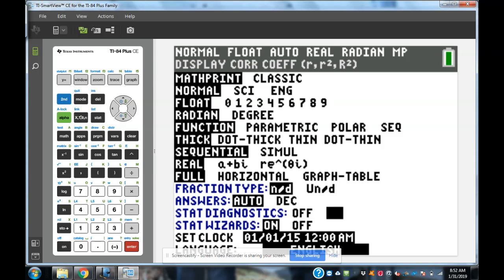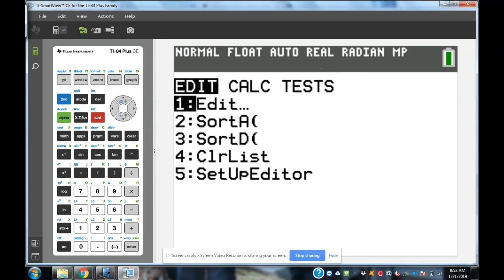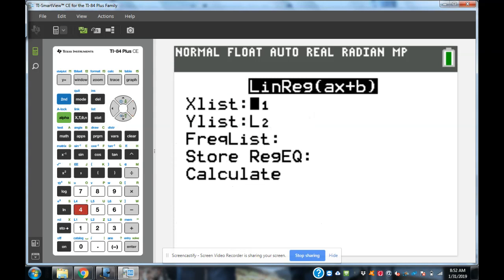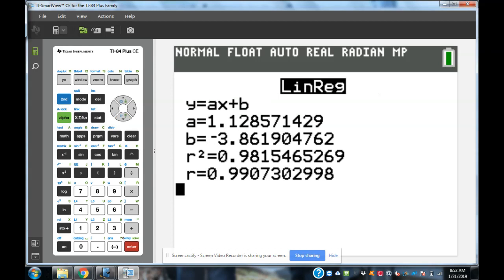And then let's hit the stat button and let's run that linear regression again. I want to show you what your calculator will add to the information there. So 4, and then everything should already be set. Hit calculate again. And notice that we've got our slope and y-intercept the same as it was, but it adds this information here. Those are your correlation coefficients.